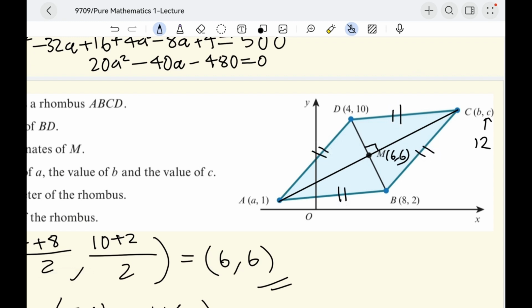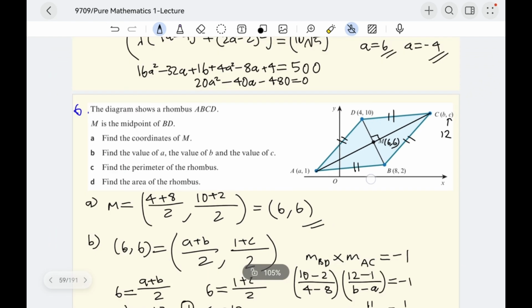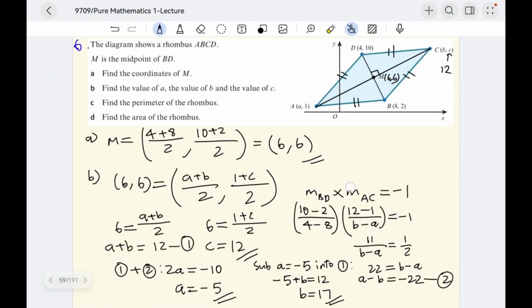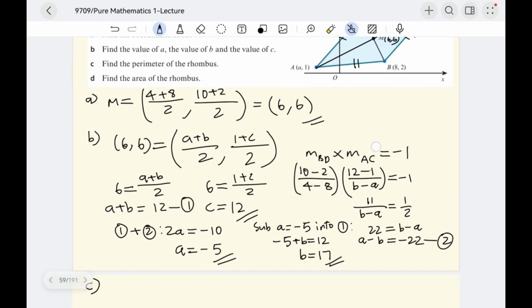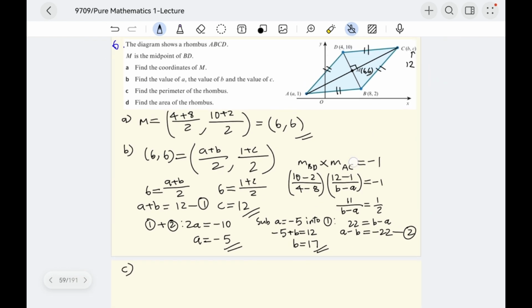This one you must memorize, each of the properties of the quadrilaterals, as well as for the triangles. For this case it is a quadrilateral. So all you have to do to find the perimeter of the rhombus is basically 4 times the side, because each side is equal. So I have to calculate the distance first.